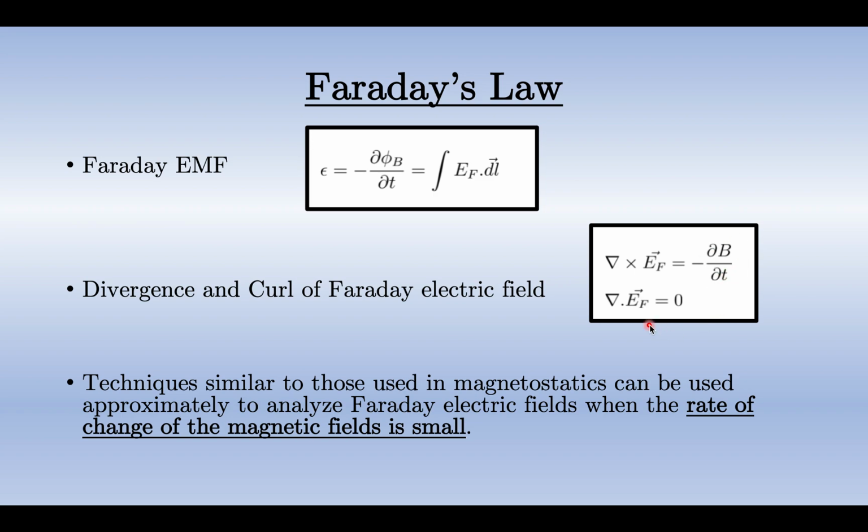But in cases where the rate of change is quite small, we can actually use the techniques that were used in magnetostatics. So this law is quite important and will be used in many situations, and this microscopic version of the properties of the Faraday electric field will also be useful.